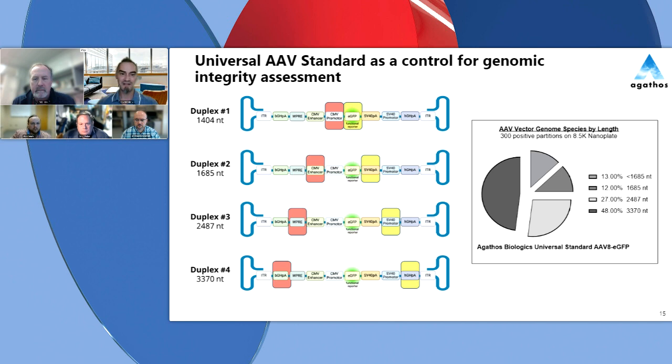So definitely the multiplex assays for genome integrity in digital PCR can provide very relevant data. And you might even get an idea of what your potency would be in the end from such a sample.